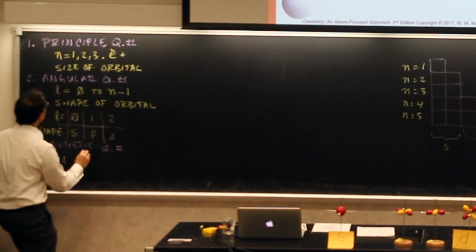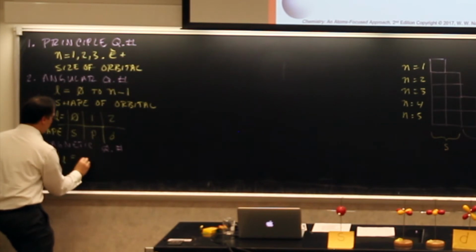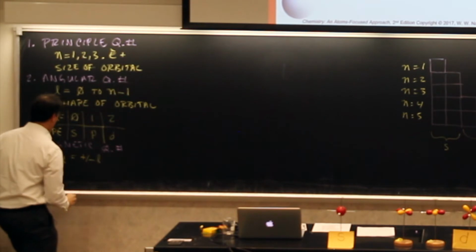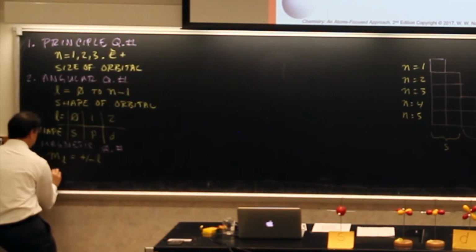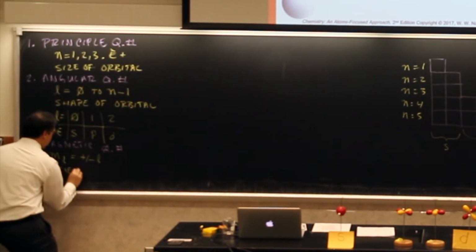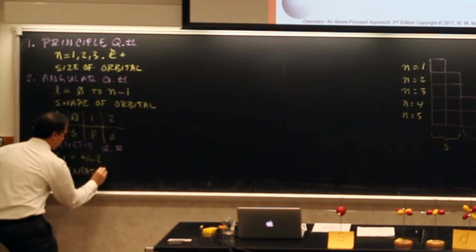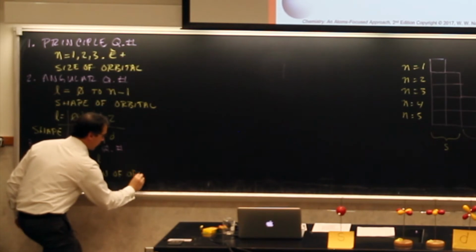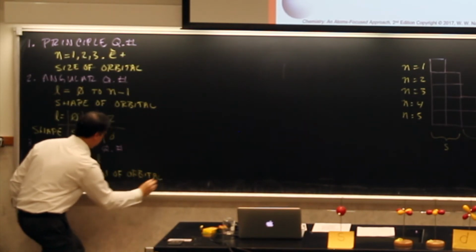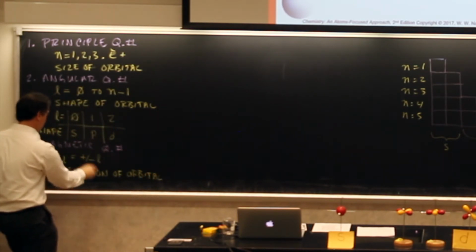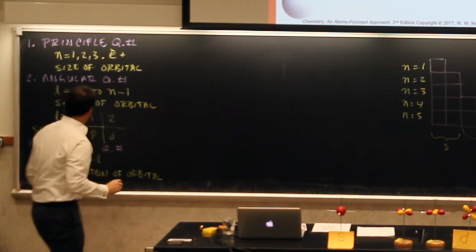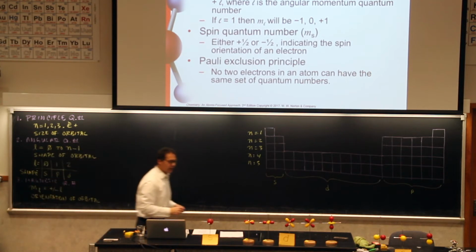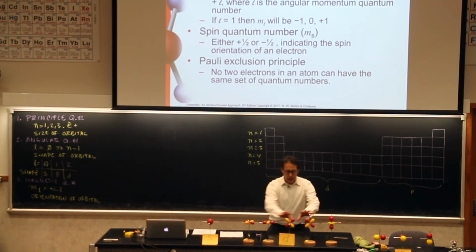So we're going to say that this is equal to plus or minus L, and this is orientation of the orbital.